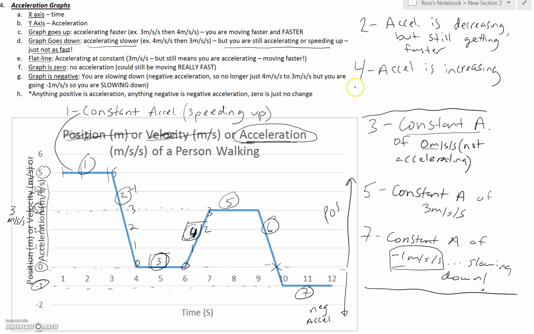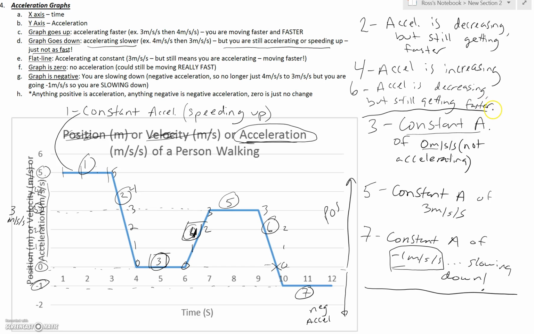And in number 6, it's the same as number 2 here. We are still accelerating, but at a slower rate, from 3 to 2 to 1 to 0. Now something interesting happens where that x is. Acceleration is decreasing, but still getting faster.